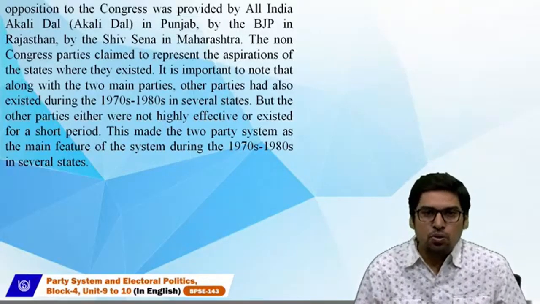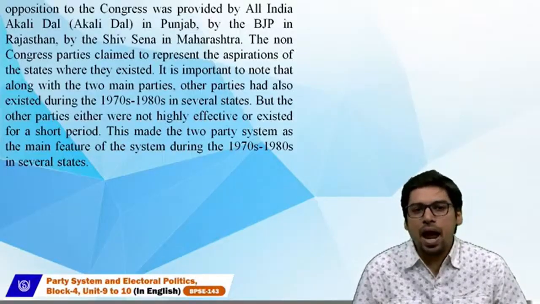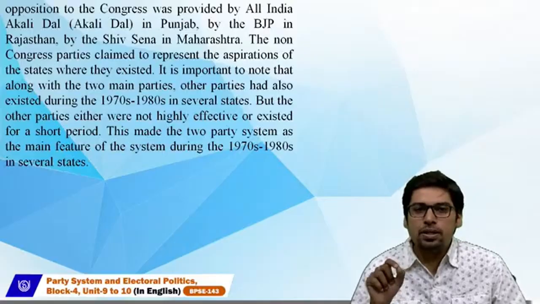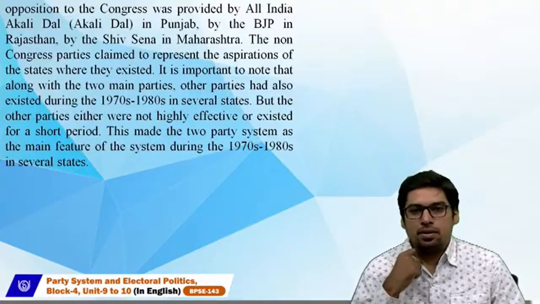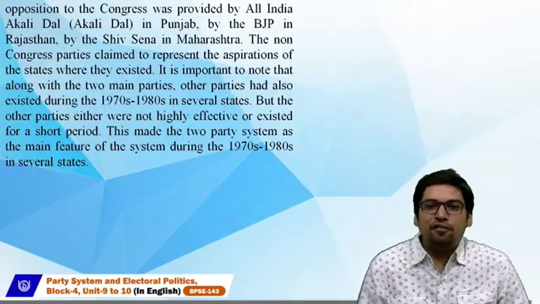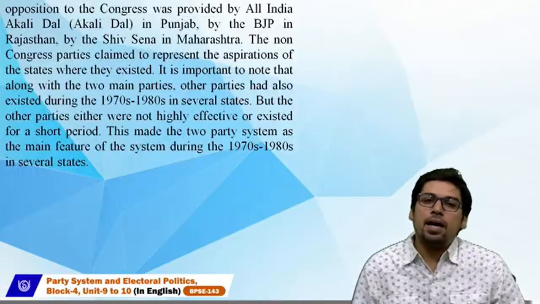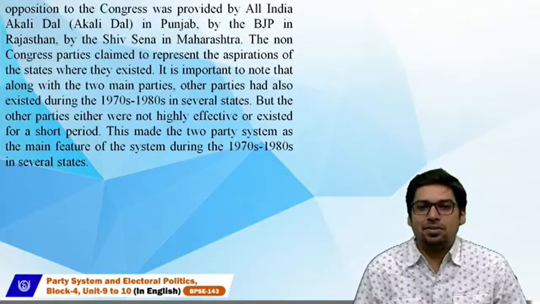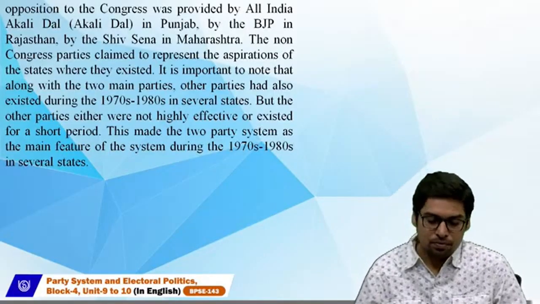It is important to note that along with the two main parties, other parties also existed during the 1970s to 1980s in several states. But the other parties either were not highly effective or existed only for a short period. This made the two-party system the main feature of the party system during the 1970s to 1980s in several states.